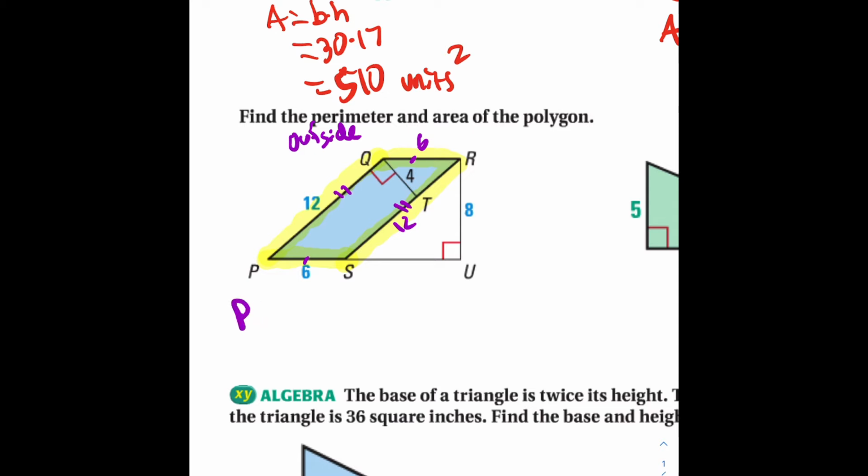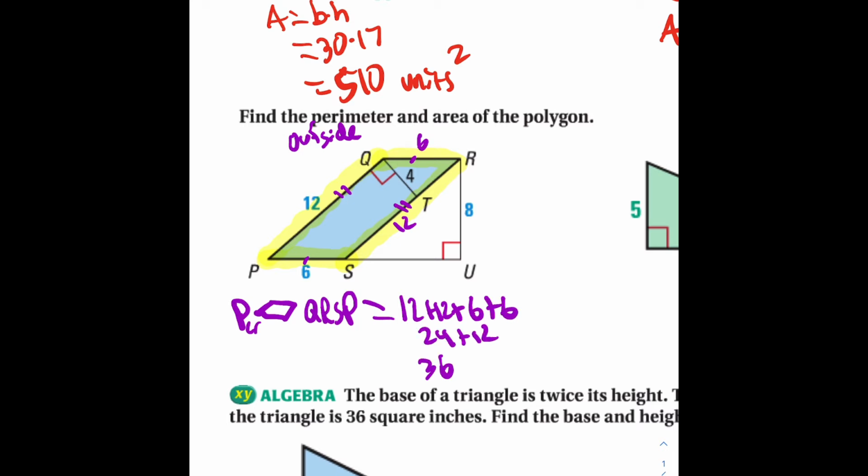So my perimeter of parallelogram QRSP is equal to 12 plus 12 plus 6 plus 6, 24 plus 12, 36.